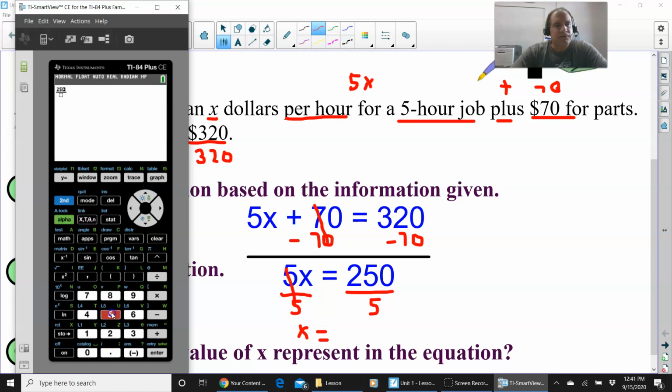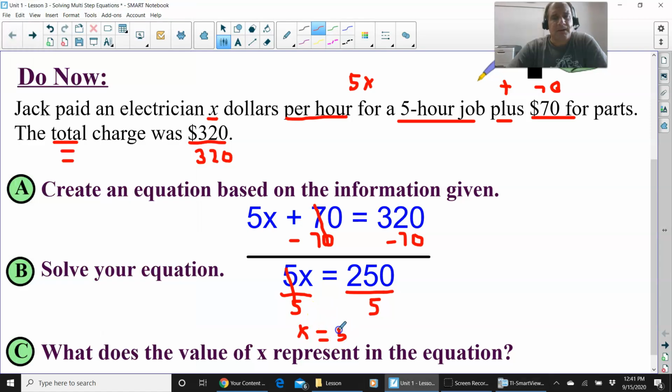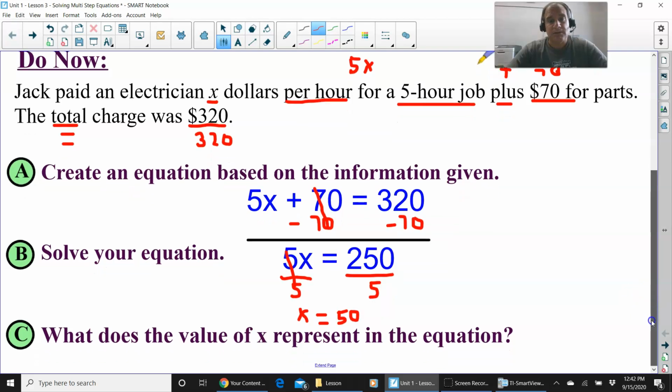When you have 250, this is how we're going to do division. You put the 250 in as the numerator, and then you press the down button, which is right here, and you press 5 and press enter, and that is 250 divided by 5, and that is 50. So just remember, knowing how to use the calculator is a very important part of what we're focusing on.